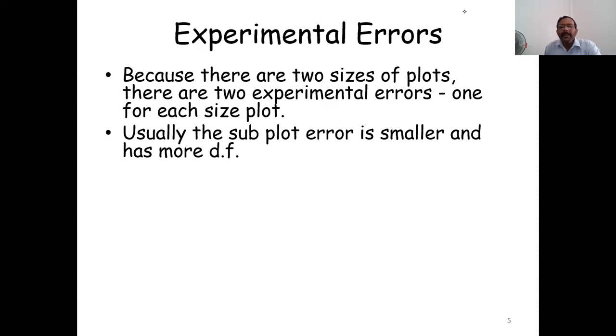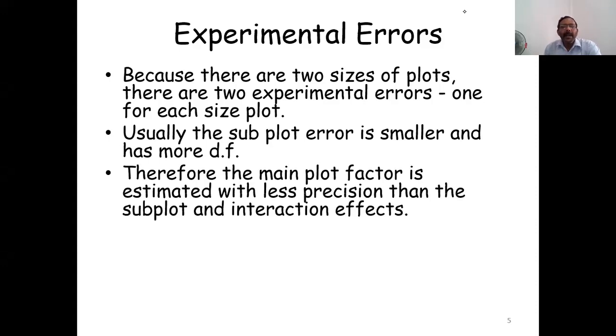Usually, subplot error is smaller and has more degrees of freedom. Subplots usually have smaller size, and the degrees of freedom is quite high. We will see that later. Therefore, the main plot factor is estimated with less precision than the subplot and interaction effect.